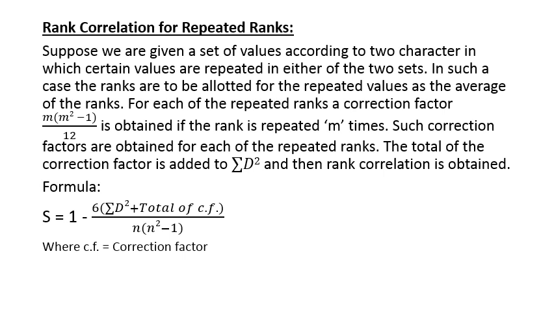Now the average we are going to find using the formula m into m square minus 1 divided by 12. Here m means the number of times the value or rank is repeated. So this concept we call the correction factor.